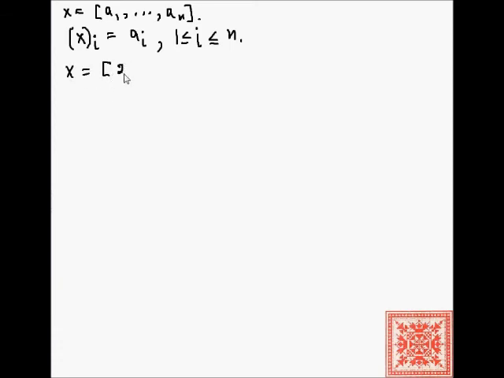So, for example, if x, the Gődel number, is equal to this, 2, 4, 3, then x sub 1 is 2, x sub 2 is 4, and then x sub 3, the third element, is 3.